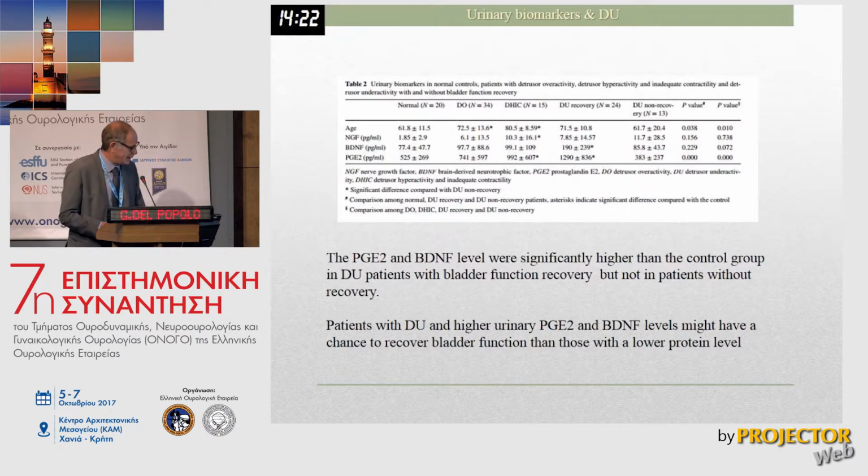And we also saw some studies about biomarkers and DU. What we found was that PGA2 and also brain-derived nerve growth factor were significantly higher than in the control group in DU patients, and the patients that present higher PGA2 and BDNF levels have more opportunity to have a recovery of the detrusor function.